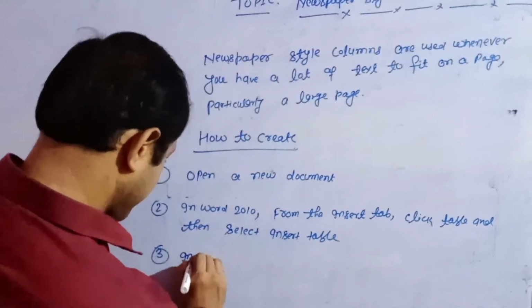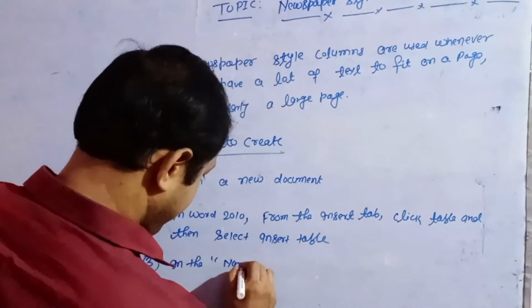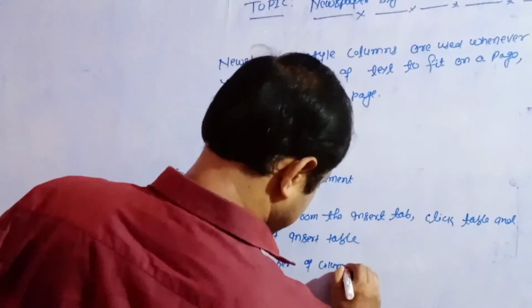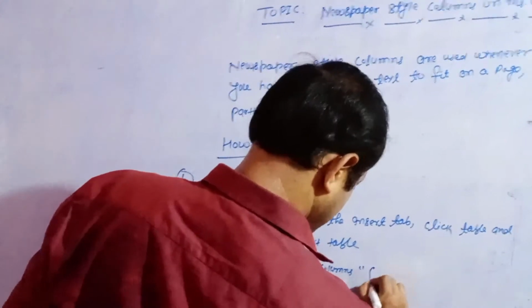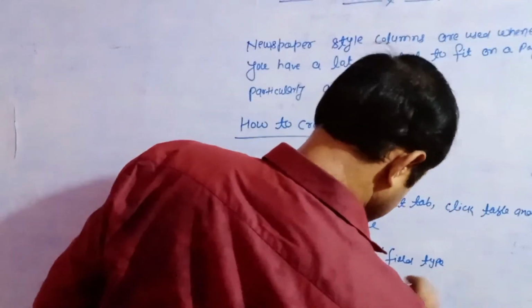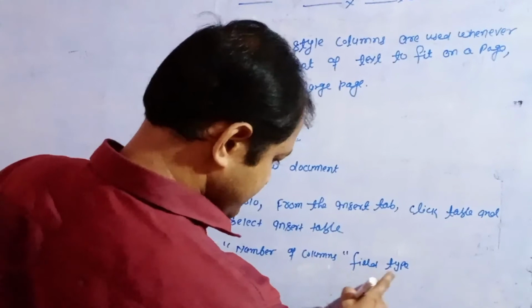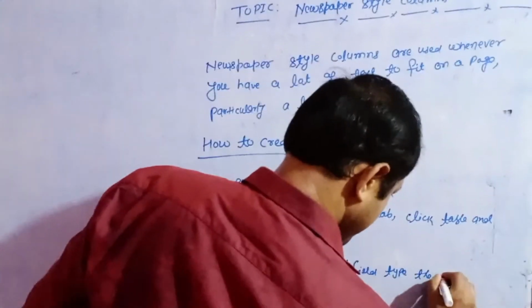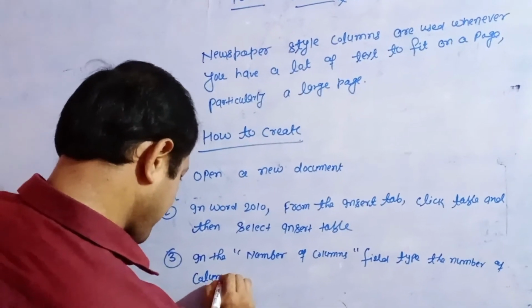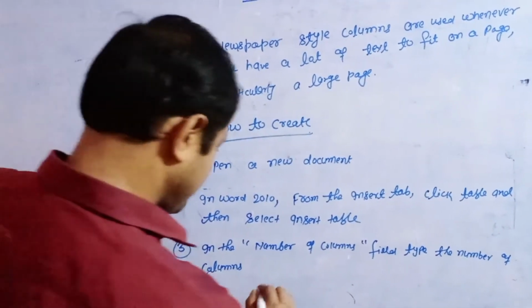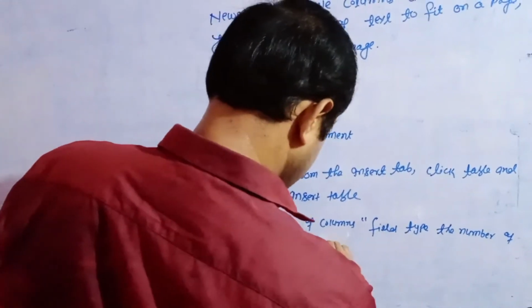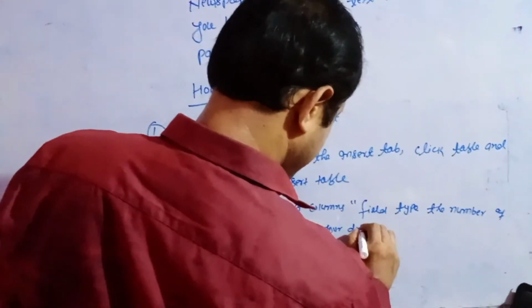In the number of columns field, type the number of columns you want in your document.